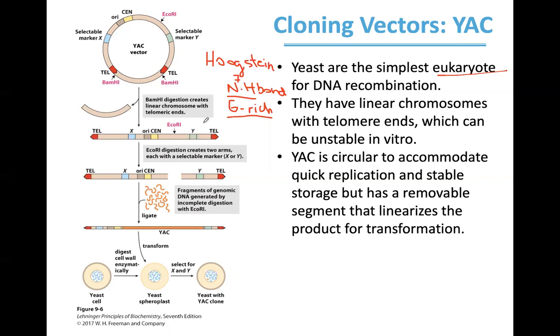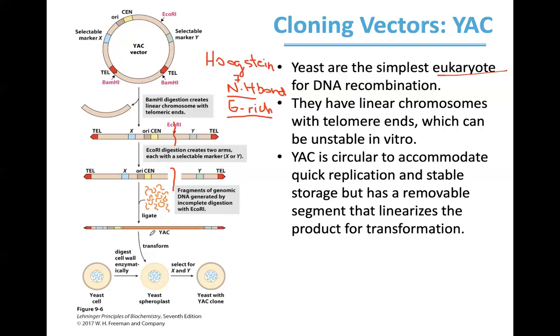Then we use another restriction nuclease from E. coli, EcoRI, and cleave at this position, which separates selectable marker X from Y. If each marker produces some kind of color, once you have ligated, the two colors will be produced at the same time. So you know that X and Y have been united into a single DNA molecule.